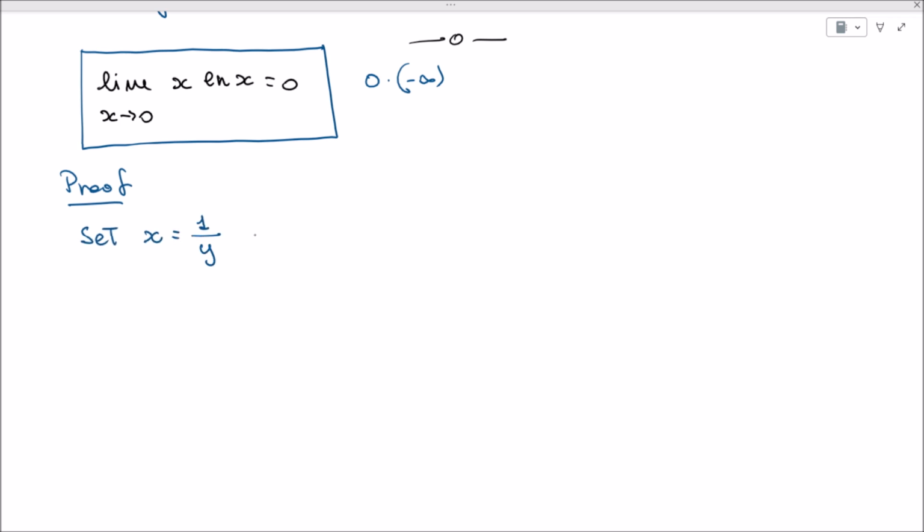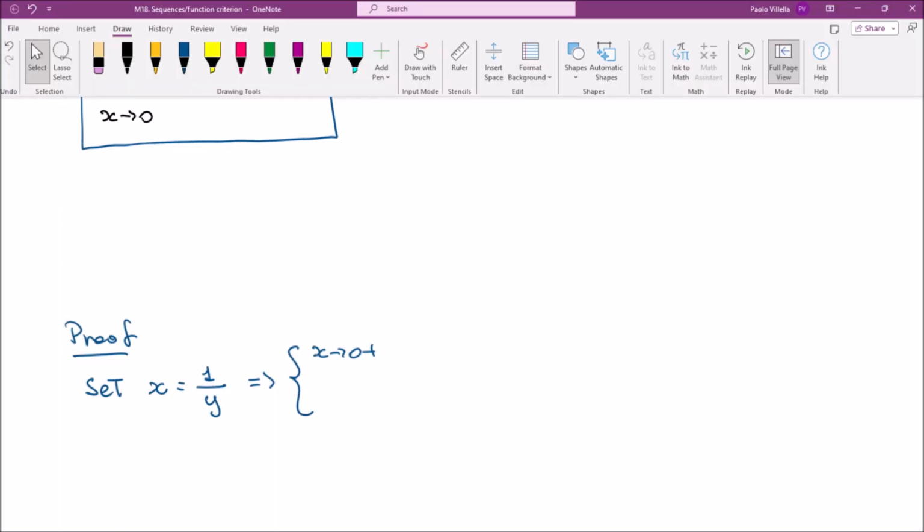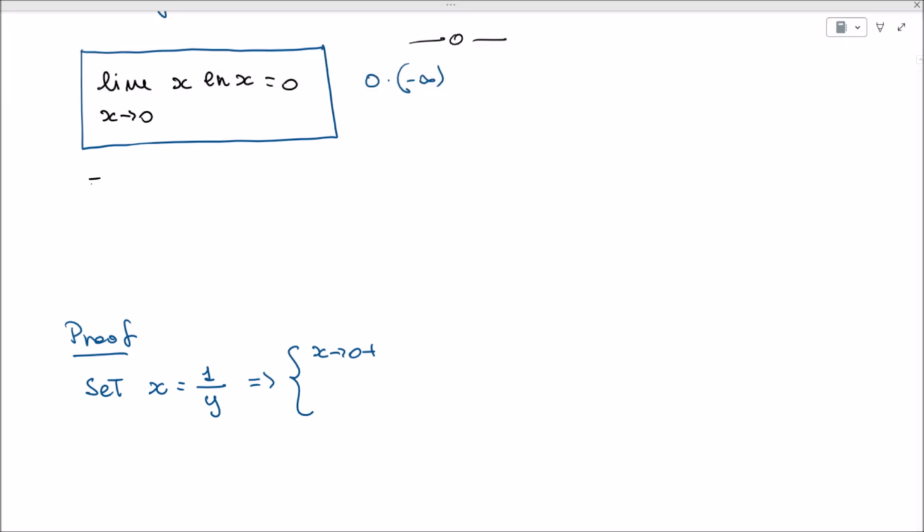And of course this implies that when x goes to 0 plus, in fact I need to make an observation here. Let me do this observation here. When we say x goes to 0, indeed this limit makes sense only for positive values of x, because the logarithm can only be evaluated for positive values.